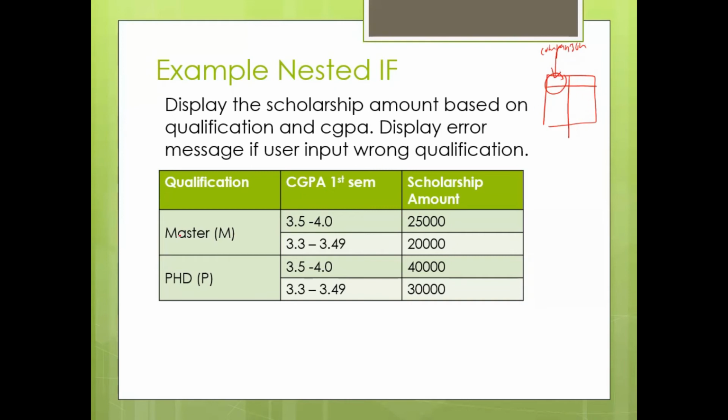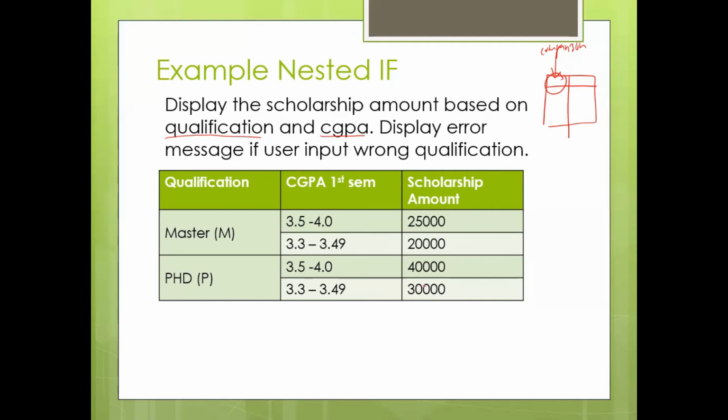However, as you can see in this question, it give you how many column? 1, 2 and 3. So as you can see, dia kata display the scholarship amount based on the qualification and CGPA. So dia nak buatkan 2 comparison, di mana first you kena check dulu qualification dia, next you check CGPA dia, berapa scholarship amount dia.